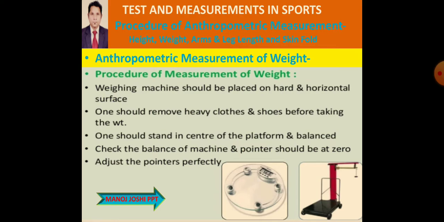Suppose we drink 1 liter of water before taking the weight, then the weight will increase. So it is preferred that the person should have an empty stomach, with light clothing over the body. And the person should balance at the center of the weighing machine without touching any article while measuring the weight.